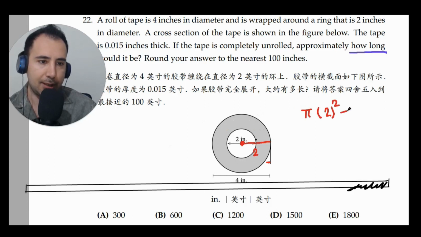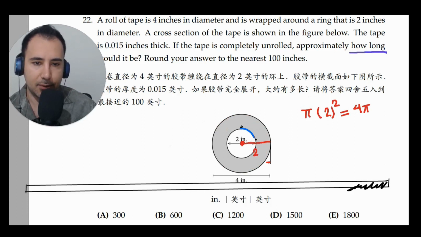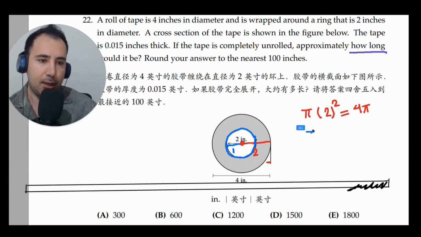The big one is actually 4 pi. Minus the area of the ring that is inside. This is only 1 inch. So the blue one is pi times 1 squared, which is going to be 1 pi.